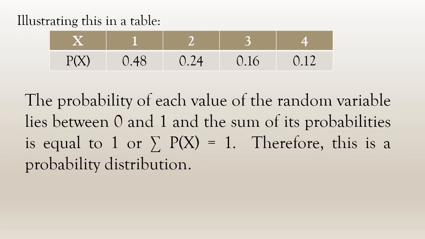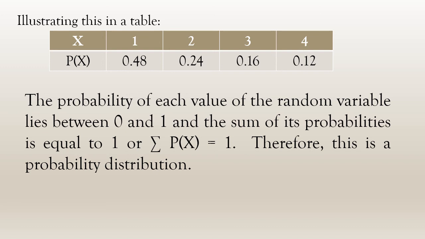So, the probability of each value of the random variable lies between 0 and 1. Ibig sabihin, hindi lumalampas sa 1 yung ating value ng probability. Or bawat probability value natin, or P of X natin, ay nasa pagitan ng 0 at 1.